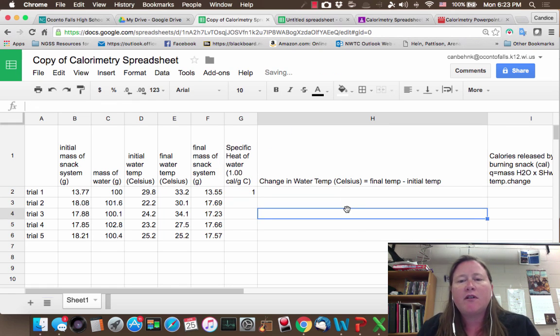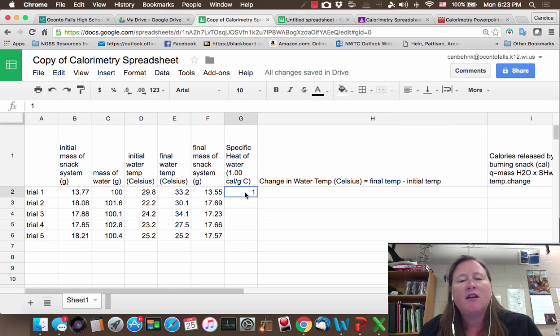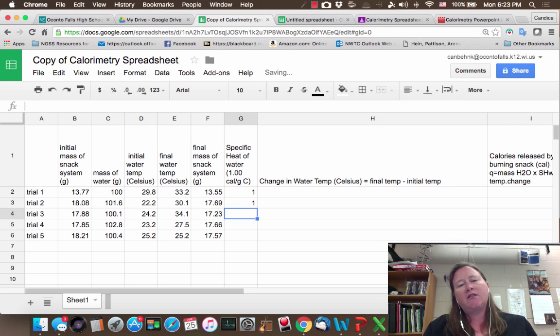Now, one thing with spreadsheets is I did type in 1.00, but when you hit enter, it just automatically switches it to 1. I want to copy this one into all of the other spaces, so I just hovered over this and it copied that right down.